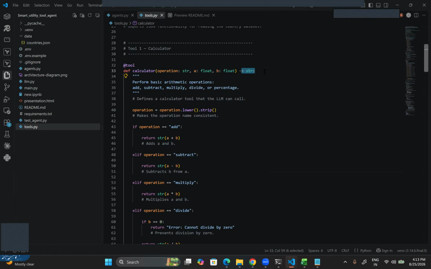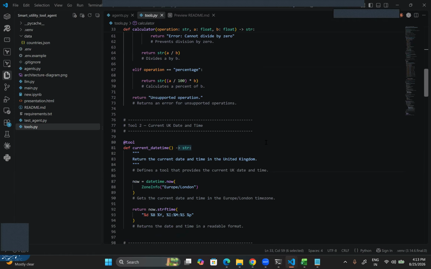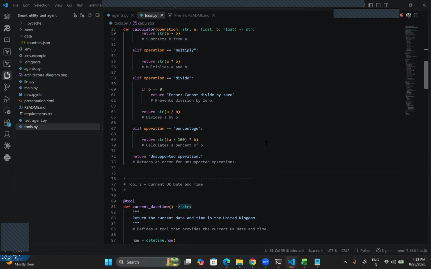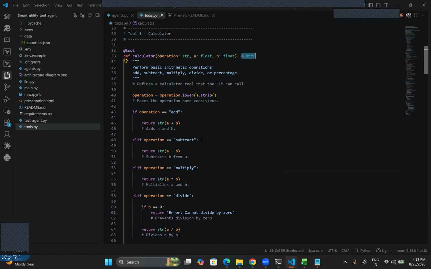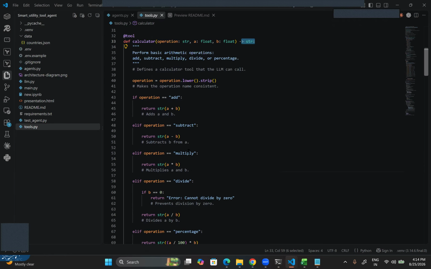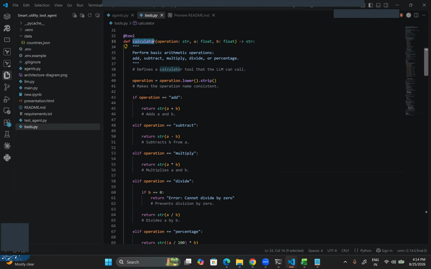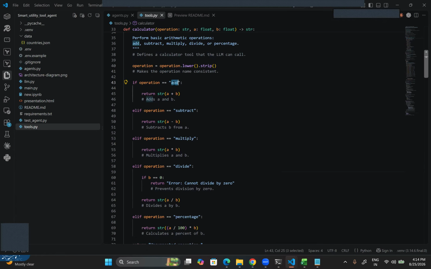Now let me walk you through all the five tools. This is the calculator tool, this is the current date and time tool. If you focus on the calculator tool, what it does is add, subtract, multiply.